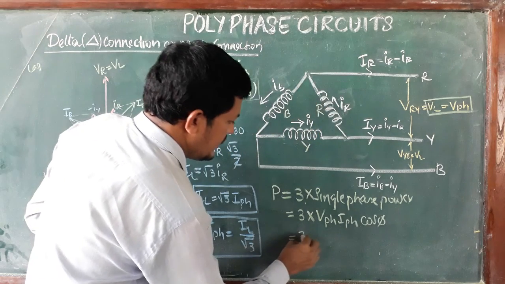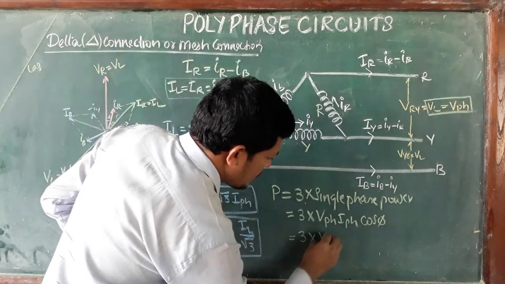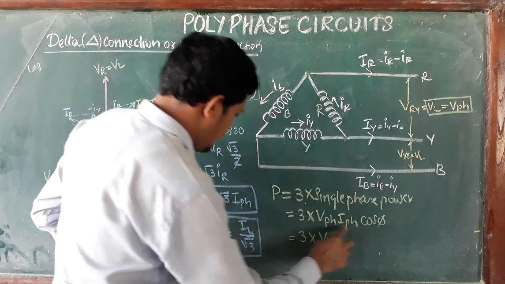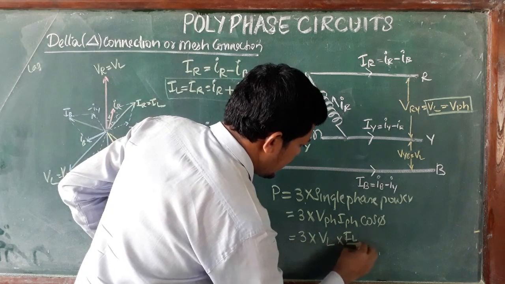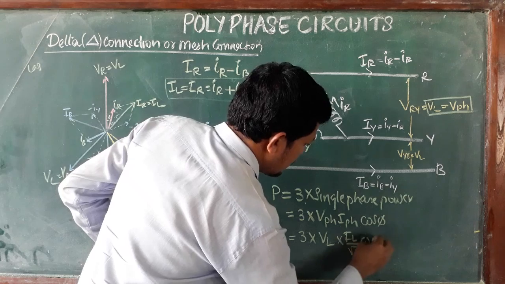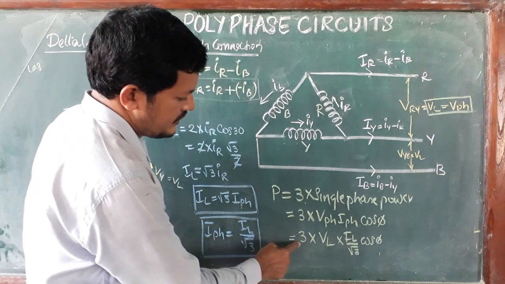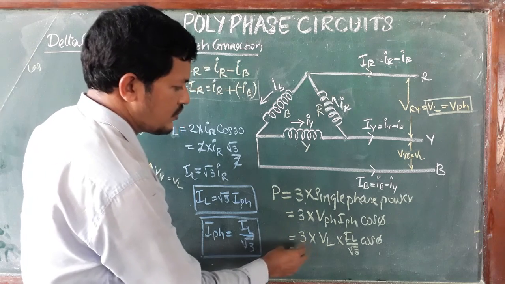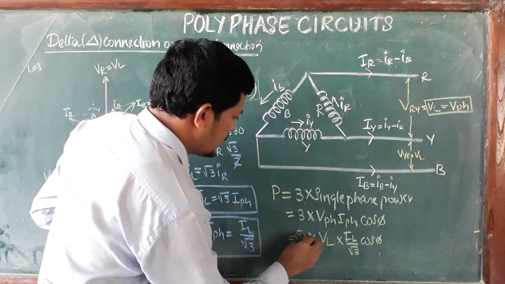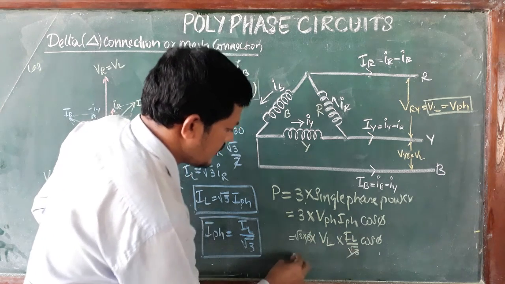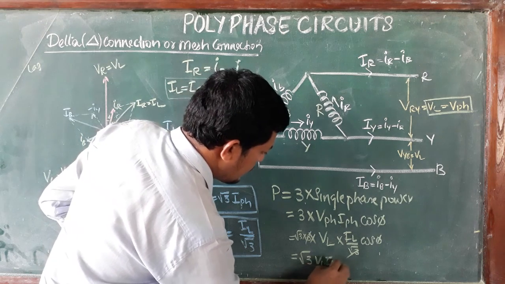So here 3 into V phase, where V phase equal to VL, and I phase equal to IL by root 3, so IL by root 3 into cos phi. Now the 3 we can write as root 3 into root 3. So one root 3 is cancelled, remaining root 3 VL IL cos phi.